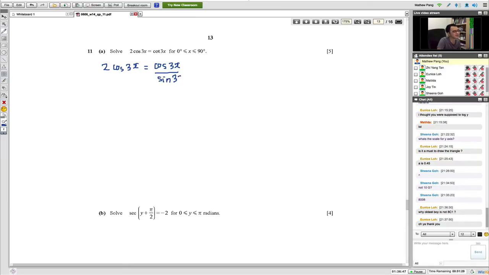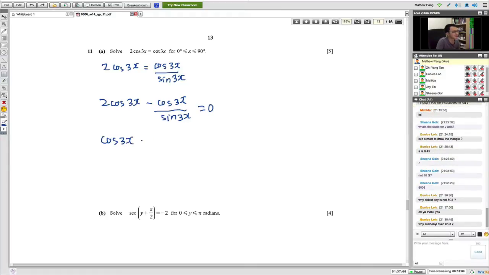And I'll move everything to one side. This is 2 cos 3x minus cos 3x over sine 3x equals 0. Then I will factorize out the cos 3x, so I will have 2 minus 1 over sine 3x equals 0.